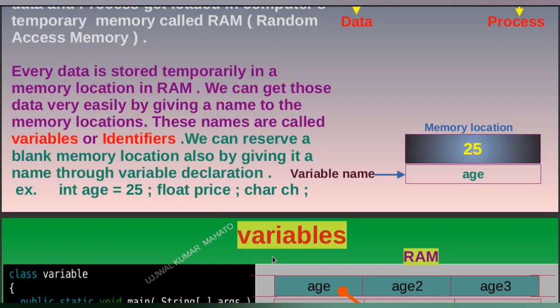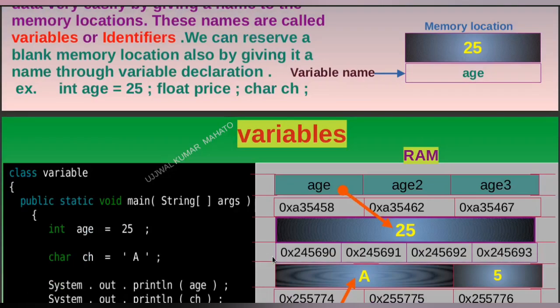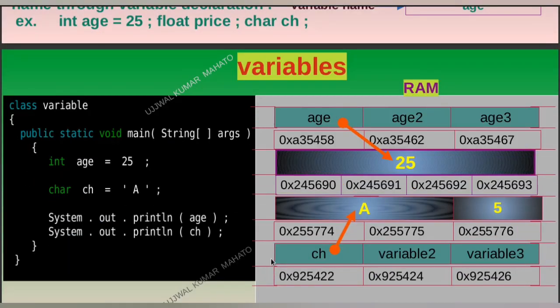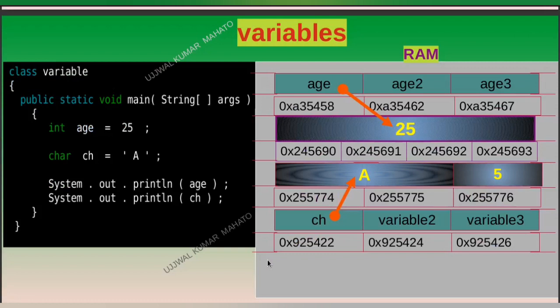Okay, now we can see the scenario through a program, how variables get stored in the RAM and how they are fetched, means how the program gets those values in use. Here you can see a Java program: class variable, public static void main String args, int age = 25.